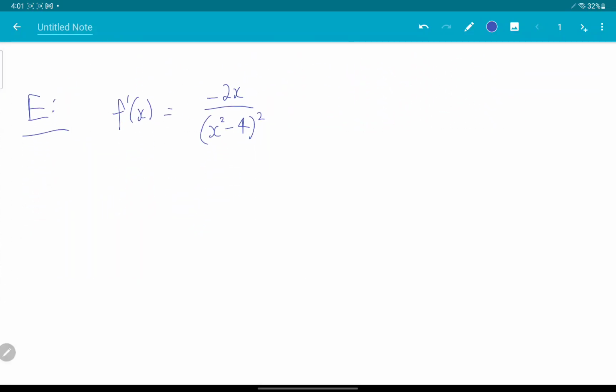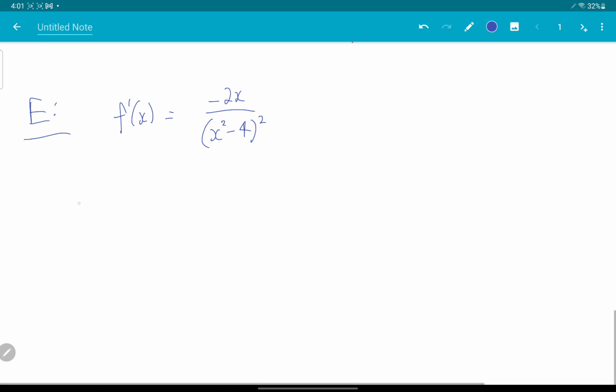So I want to first find out what the critical numbers are. So f prime of x equals 0. That's one way to have a critical number. That can only happen if the numerator is 0. So we get x is equal to 0.